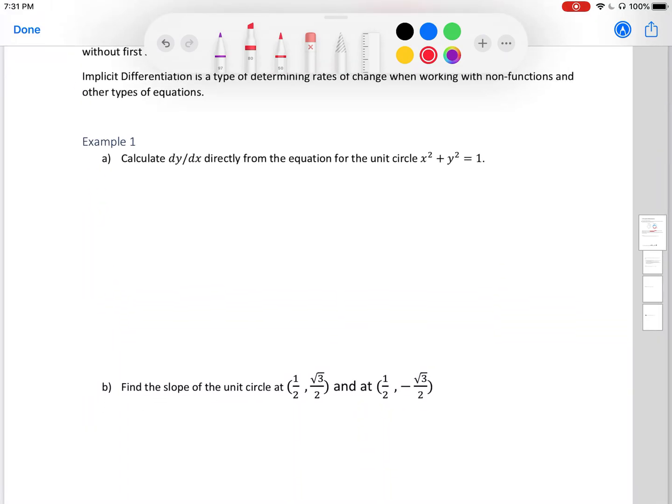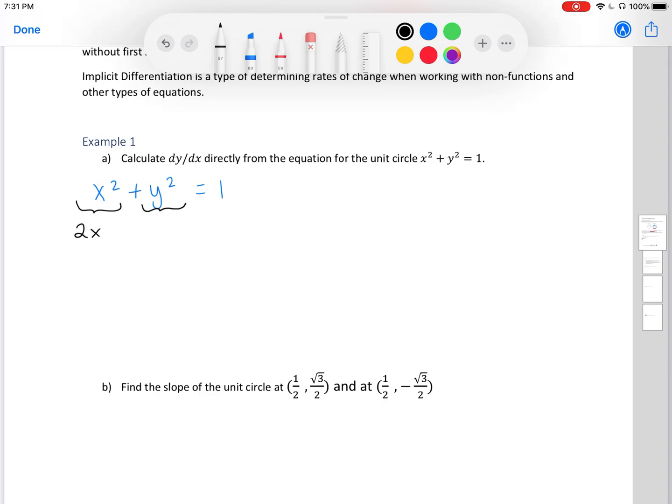So to begin, let's find a derivative for the equation of the unit circle, x squared plus y squared equals 1. Okay, so let's just write it down. And we're going to find the derivative of each term separately. So I have x squared plus y squared equals 1. All right, the derivative of x squared is 2x.